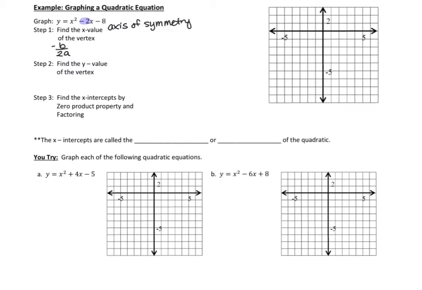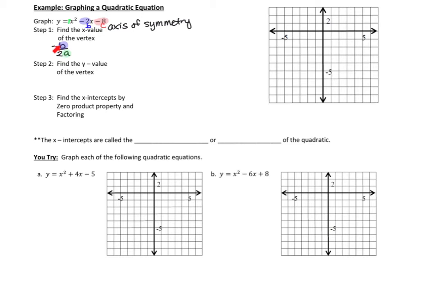This term represents your b, and then the negative 8 represents the c, and then the number that's in front of the x term represents the a. So because we don't really have a number here, that means that my a term is going to be 1.